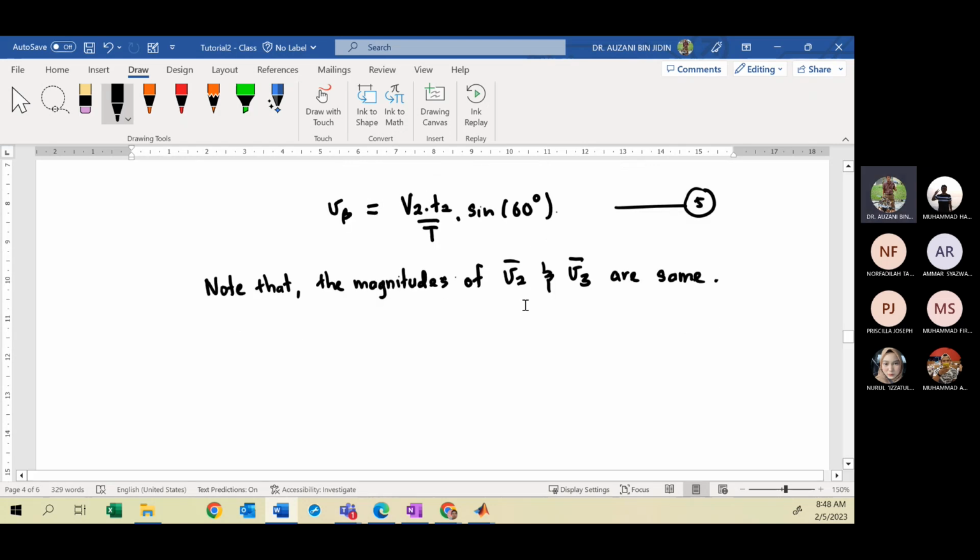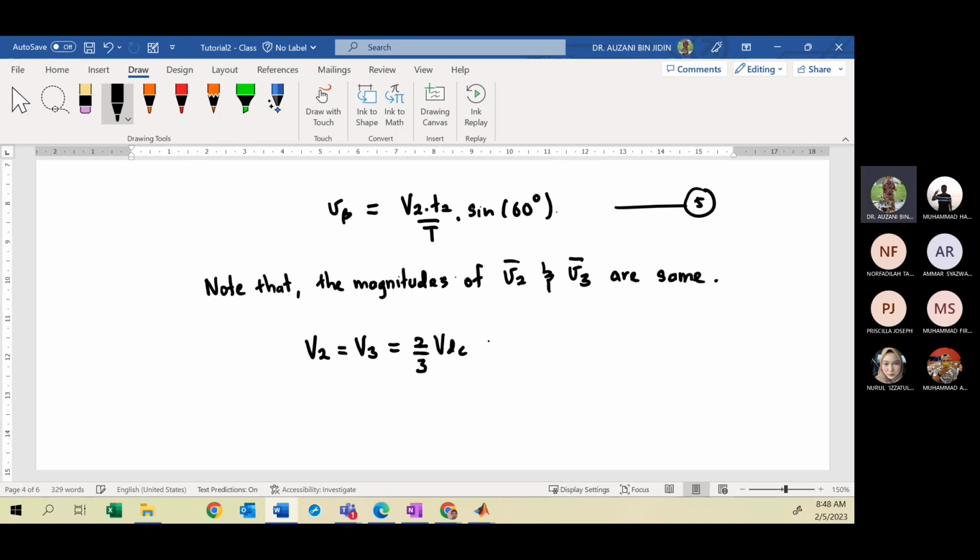So the value of the amplitude is V2 equal to V3, which is 2/3 VDC. So this is equation number 6. So that's why when you map the vectors V1 until V6, all the vectors have the same length, but different angle.